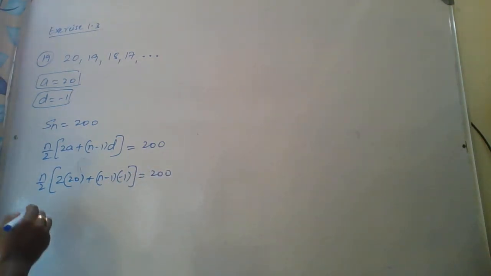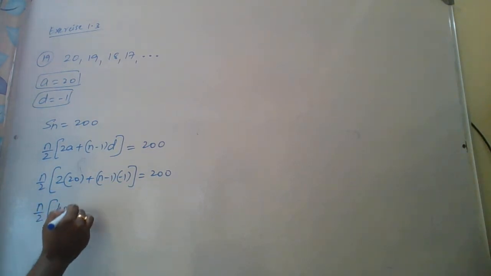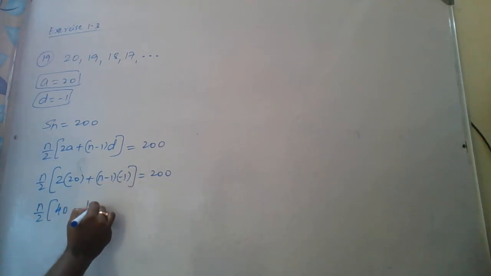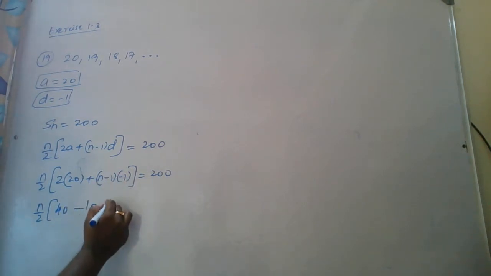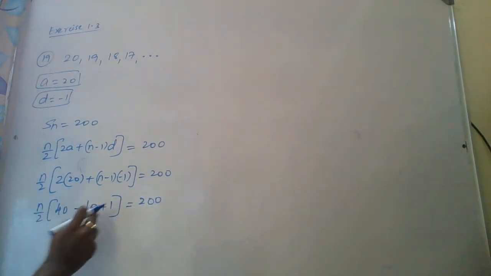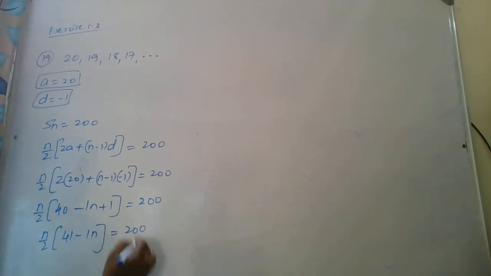Okay. So n by 2, 2 into 20 is 40, plus n minus 1 into minus 1: minus 1 into n is minus 1n, minus into minus plus 1 into 1 is 1. Equal to 200. So 40 plus 1 becomes 41. So it becomes n by 2 into 41 minus 1n equals 200.